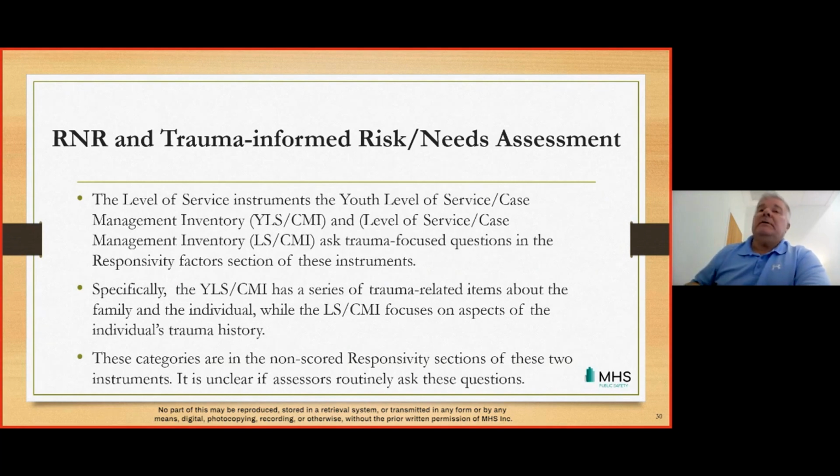It's important to note these categories are in the non-scored responsivity sections of these two instruments. I am unclear if assessors routinely ask these questions, though, because sometimes I believe section 1 of the level of service instruments is the priority because they're the only scored sections. But you should be asking everything in there to develop a case management plan that's comprehensive.